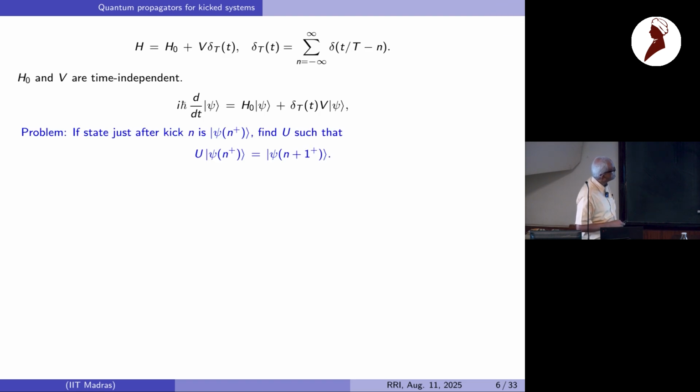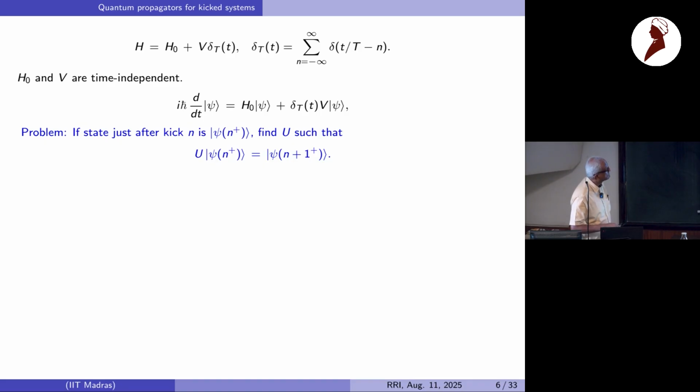Now, the map, remember we derived a map for this, which related the state Q and P just after two consecutive kicks. So we will define a quantum map also in the same way. If the state just after kick n is given by this psi_n plus, find the operator U such that U acting on the state gives you the state just after the kick n plus 1, okay?